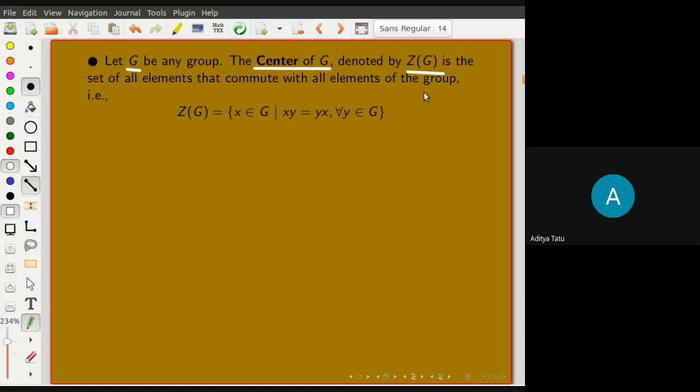Okay, so there is a small difference between center and centralizer. Perhaps because of that, they have been given similar names. So Z of G is nothing but the set of all elements X of the group such that X commutes with each and every Y that is in the group.